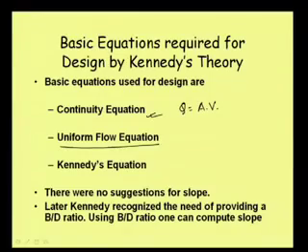Basically, we need one relationship so that we can express V in terms of the other parameters, say R, that is hydraulic radius, a roughness parameter, which I am now writing as 1 by n, and the slope. Based on all those parameters, if I write Manning's equation, it will be V equal to 1 by n R to the power 2 by 3 S to the power half.